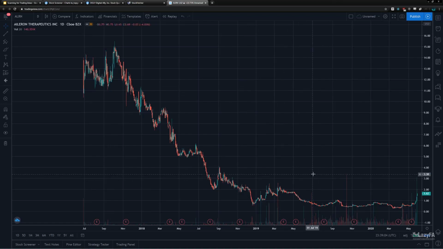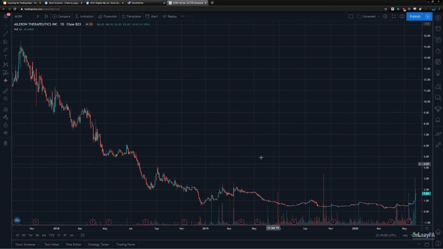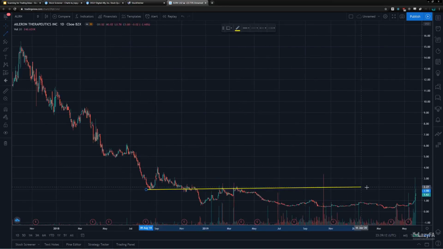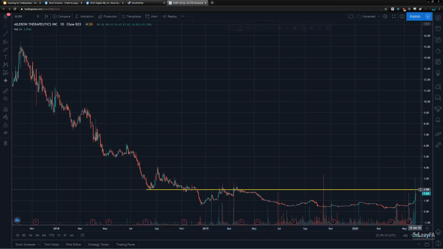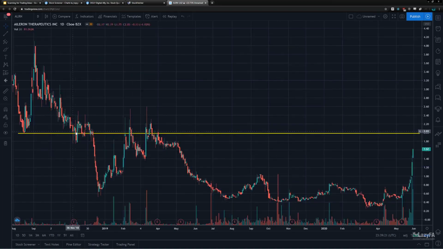I don't know anything about this company from a fundamental standpoint, but it seems like there is some resistance around the $2 mark. So to me, it would be quite interesting to watch this around $2 because that seems like an inflection point.